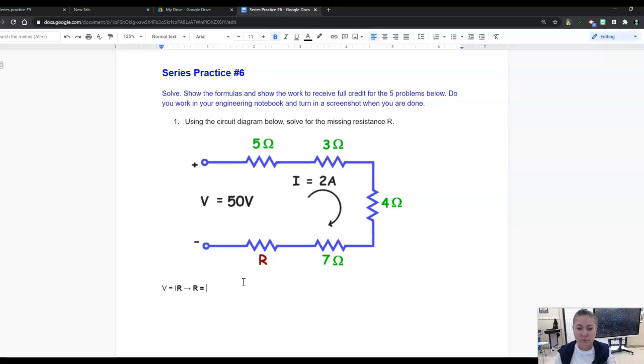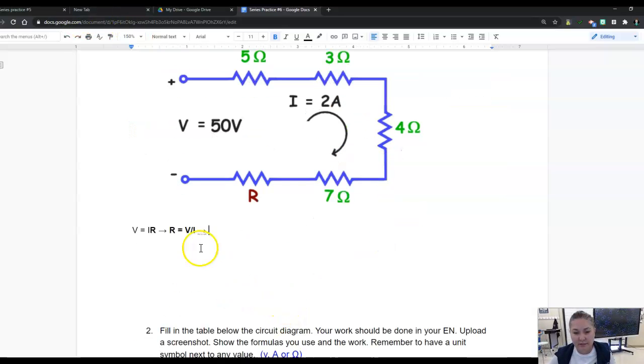So R would be equal to V divided by I. The reason we know that is, if you have multiplication here and you want R by itself, you have to take the letter I and do the opposite. We multiplied here, so we're going to divide. Looking at the schematic, 50 volts divided by 2 amps gives us 25 ohms.